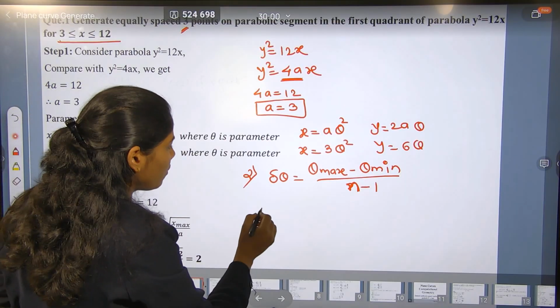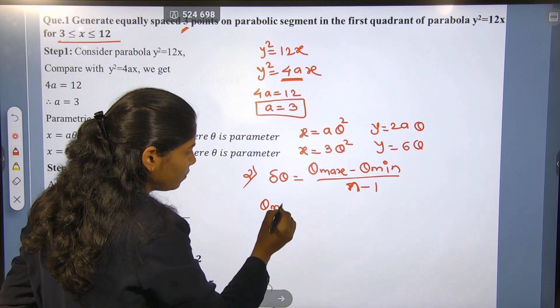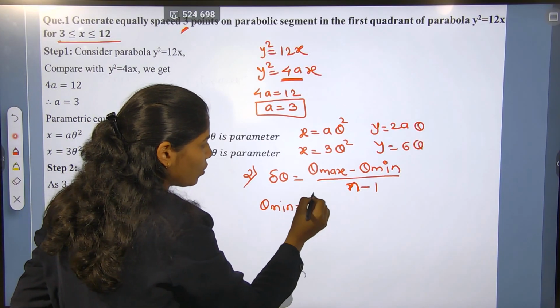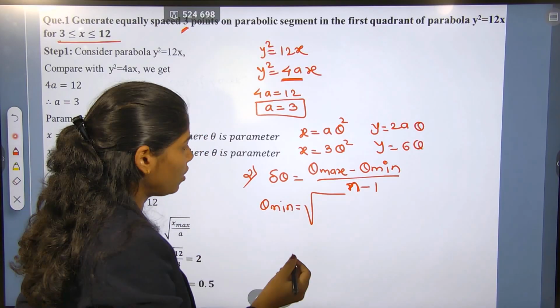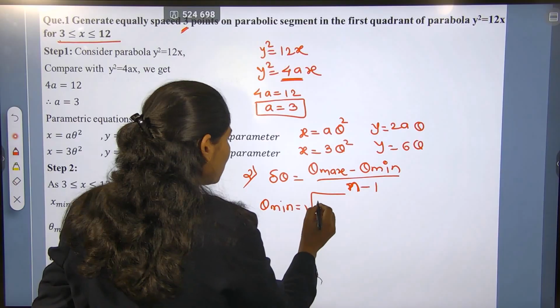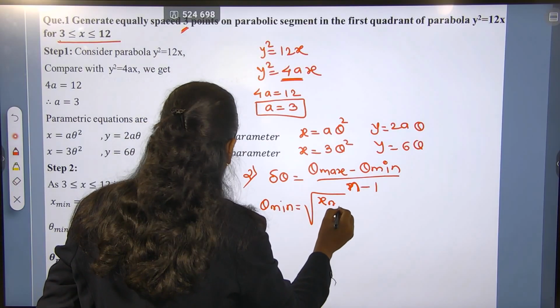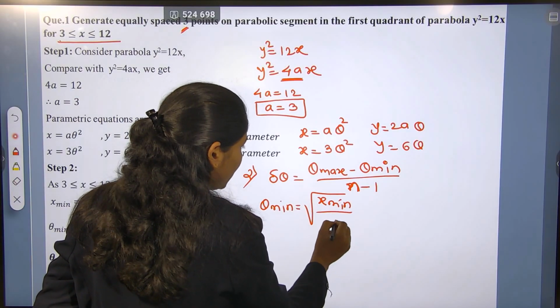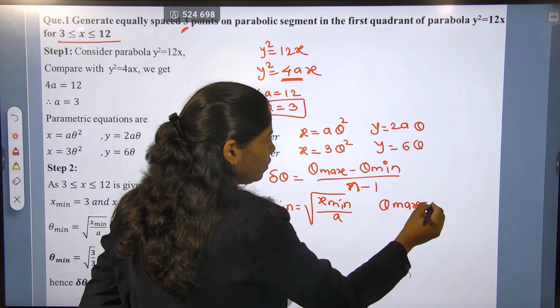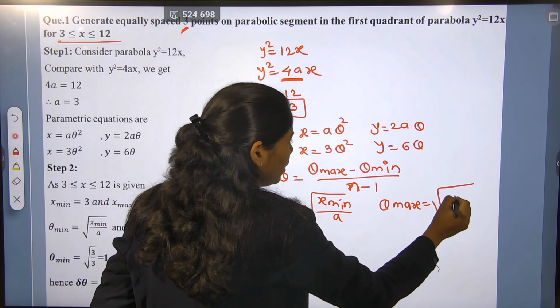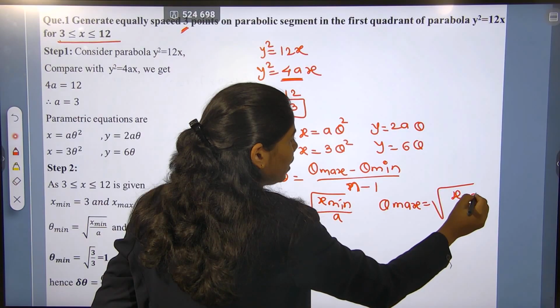So we know the formula for theta minimum. If x range is given, then the formula for theta minimum is square root of x minimum upon a, and theta maximum is equal to square root of x max upon a.